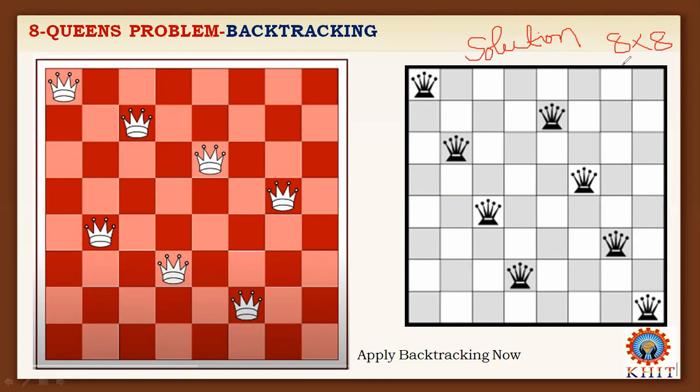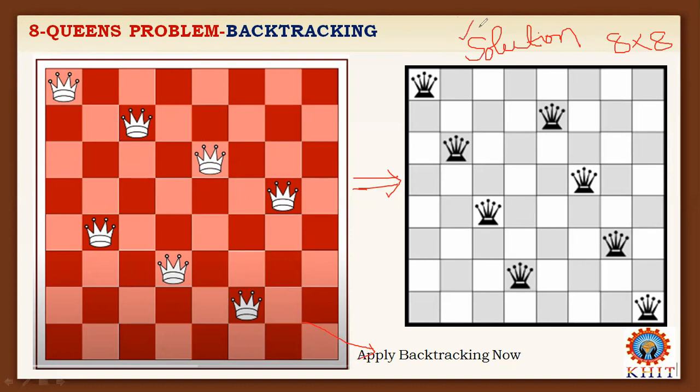This solution is generated from the previous arrangements, which we rearrange, apply backtracking, and once again rearrange. Apply backtracking, rearrange the positions of the queens on the 8 by 8 chessboard, and finally we get the result. This is the solution.